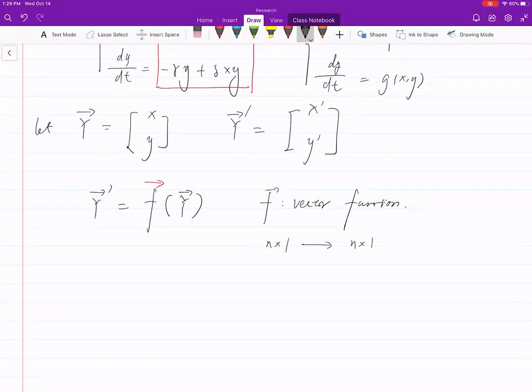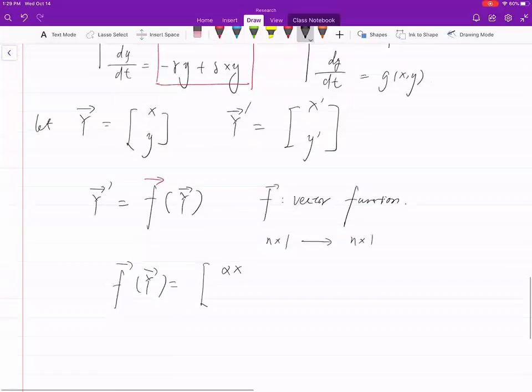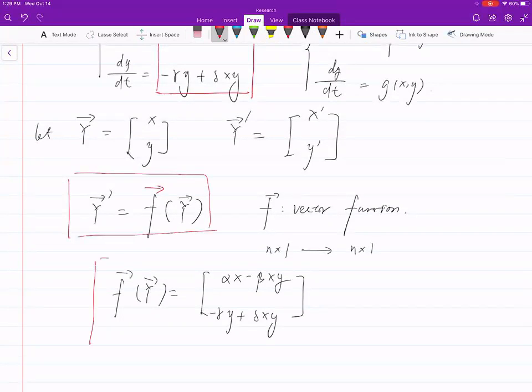Okay, in our case just now, F(Y) equals alpha x minus beta xy, negative gamma y plus delta xy. So the whole thing can be rewritten into this format with a particular f defined in this way.